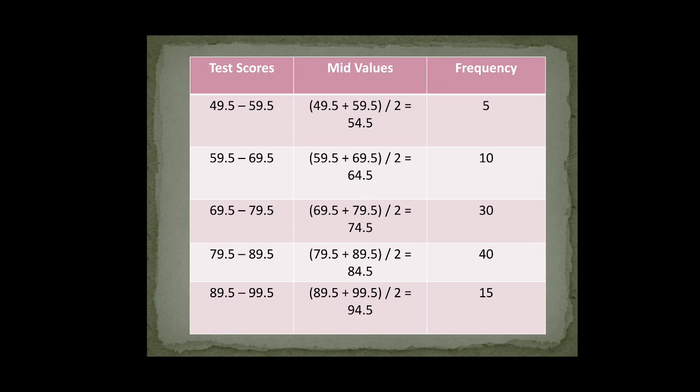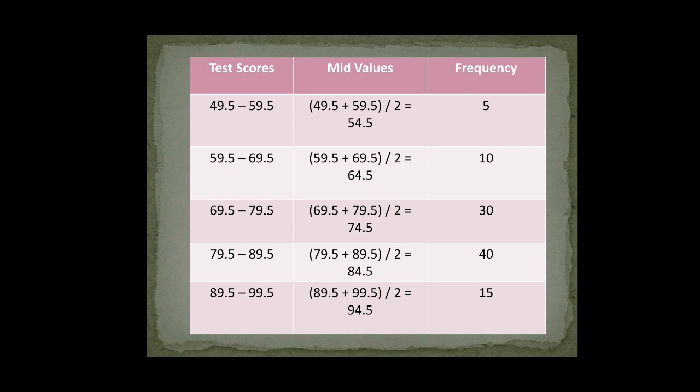Let us take the first row, that is the class interval of 49.5 to 59.5. The mid value is equal to lower limit of the class interval, which is 49.5, plus upper limit of class interval, which is 59.5, divided by 2.